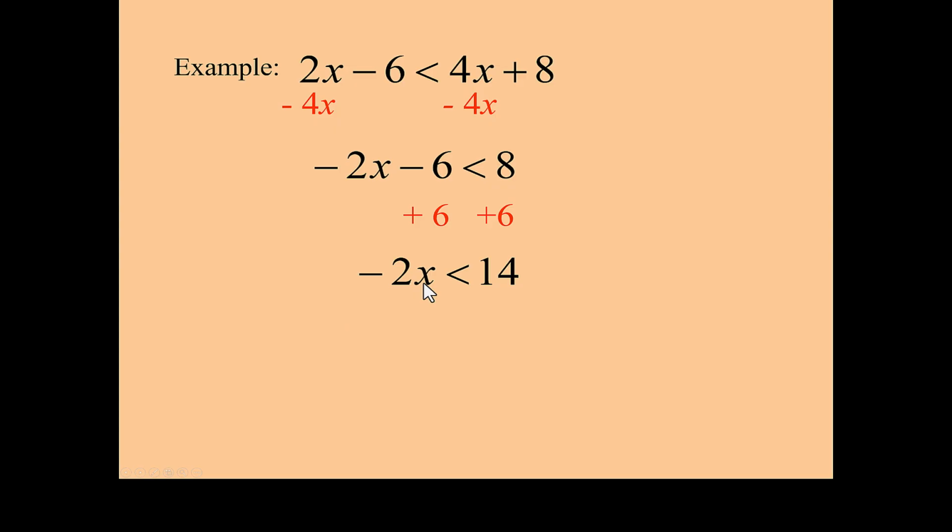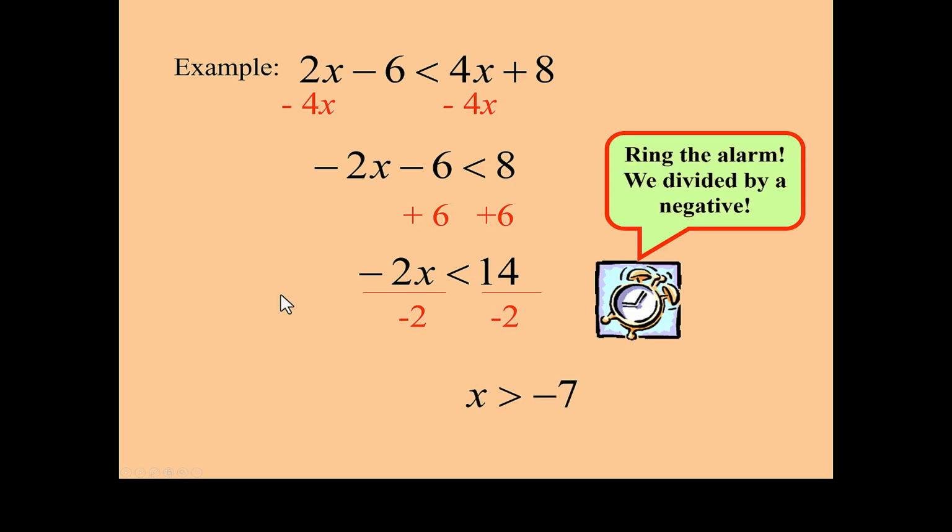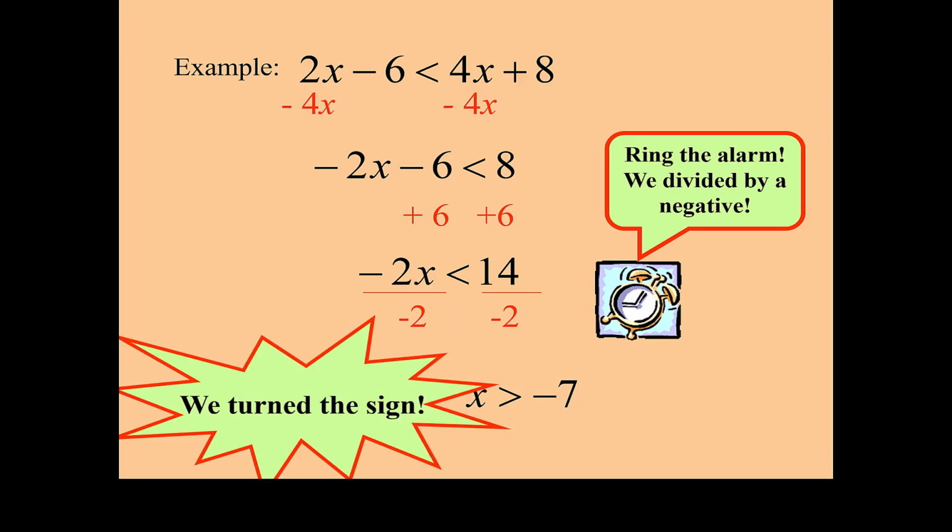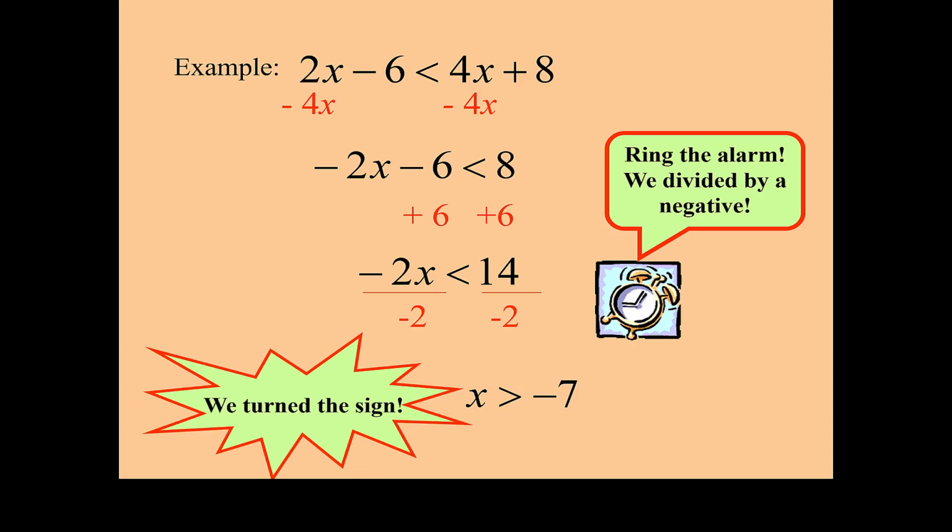So I want to get x by itself, so I have to divide by -2. That's right, there's an alarm. We divided by a negative. So now we have to reverse the inequality. x is greater than -7. We reverse the inequality symbol here.